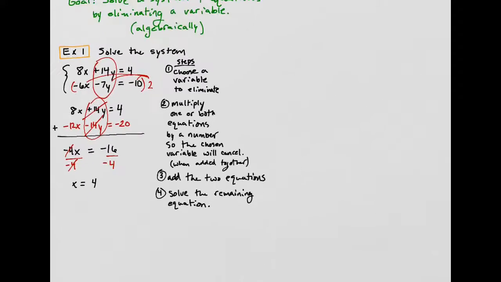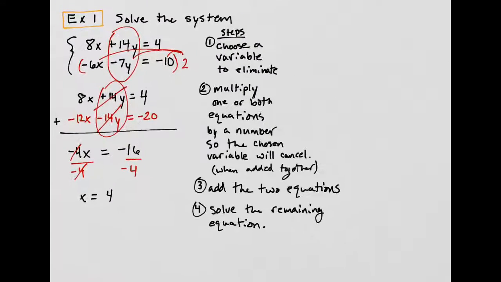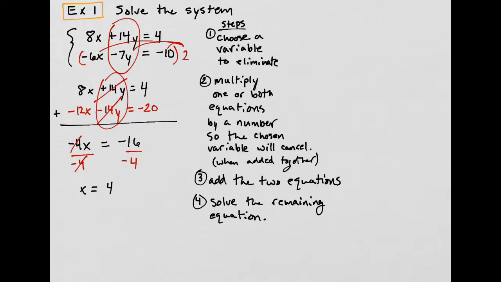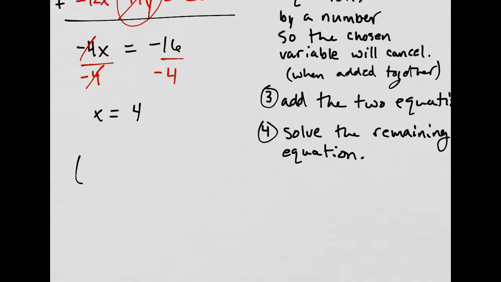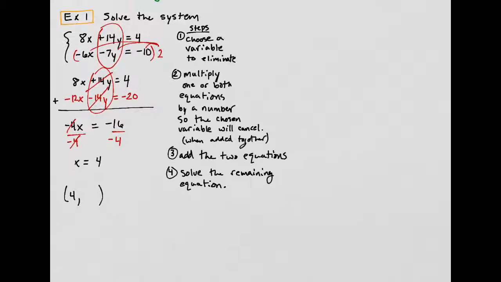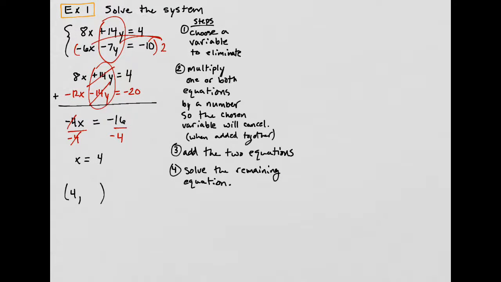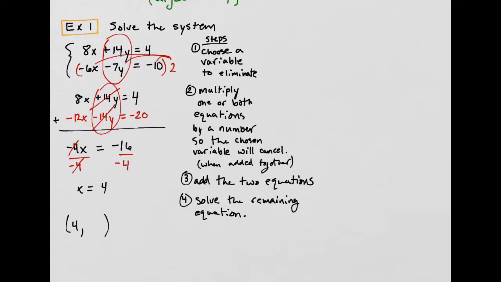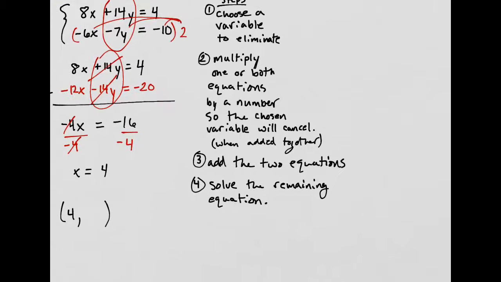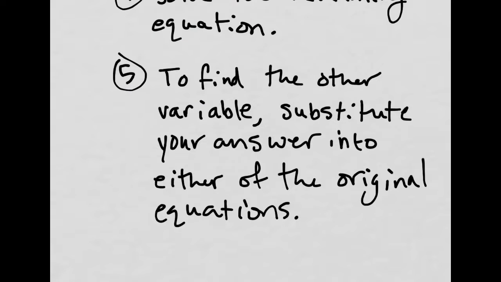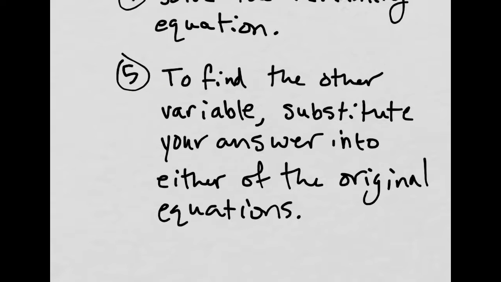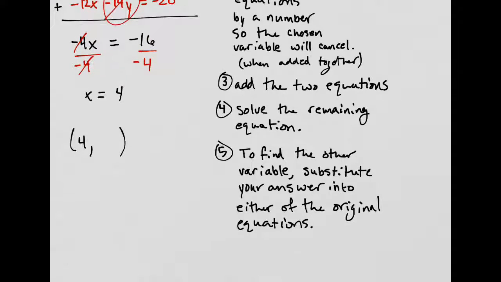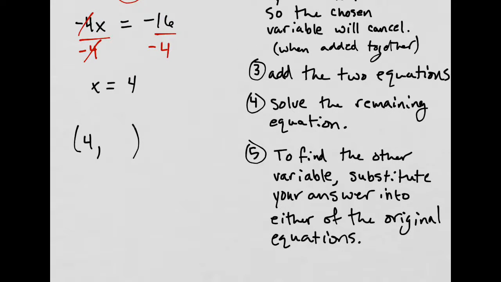We are not done. Remember, the solutions to these equations are ordered pairs. So we just found the 4. We need to know what the y value is. So how do you find the y value? Well, you plug it into either one of the original equations. To find the other variable, substitute your answer, x equals 4, into either of the original equations.